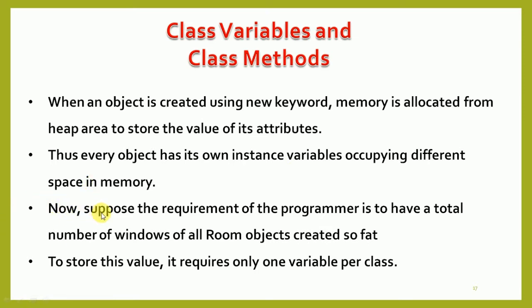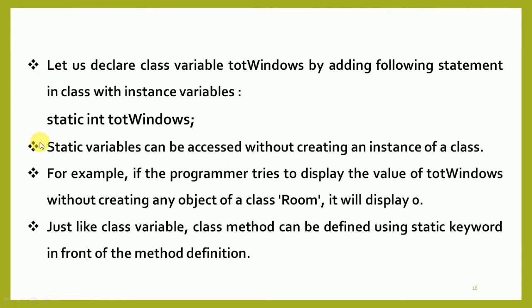Now suppose the requirement of the programmer is to have the total number of windows of all the room objects created. To store this value, it requires only one variable per class. So let us declare the class variable total windows by adding the following statement in the class with the instance variables. That is our practical number 2.